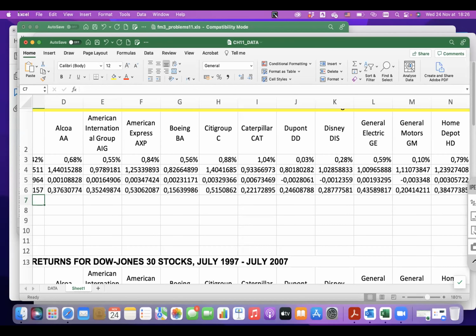Okay, then we go to our initial Excel file.